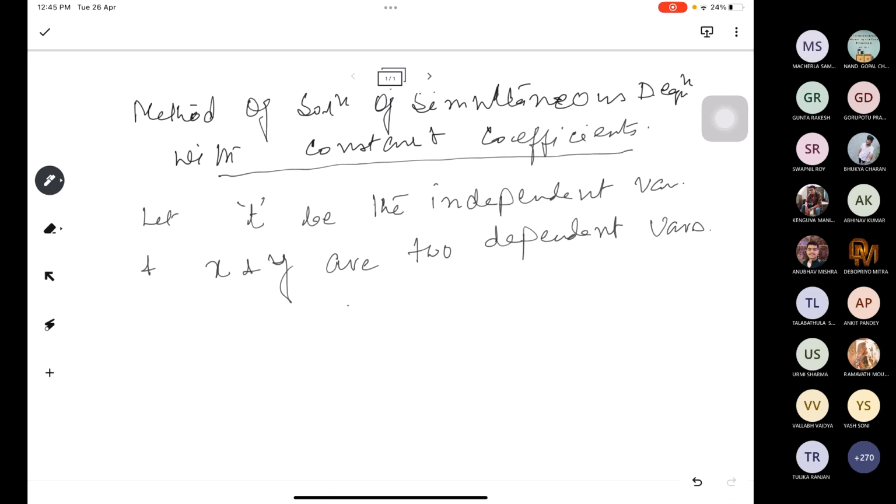That is, say x is equal to some function of t, y is equal to some function of t.